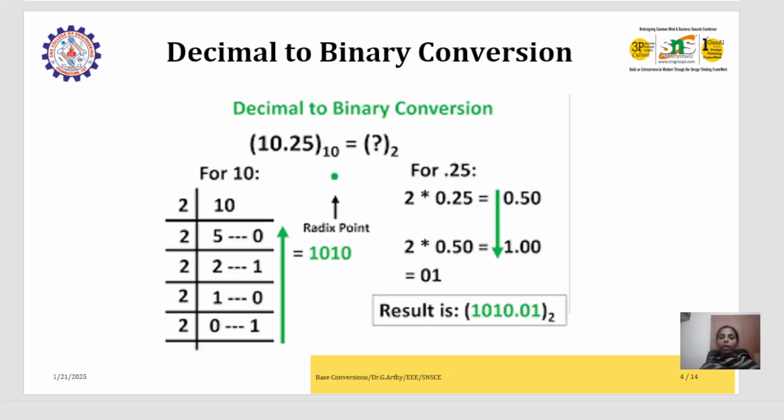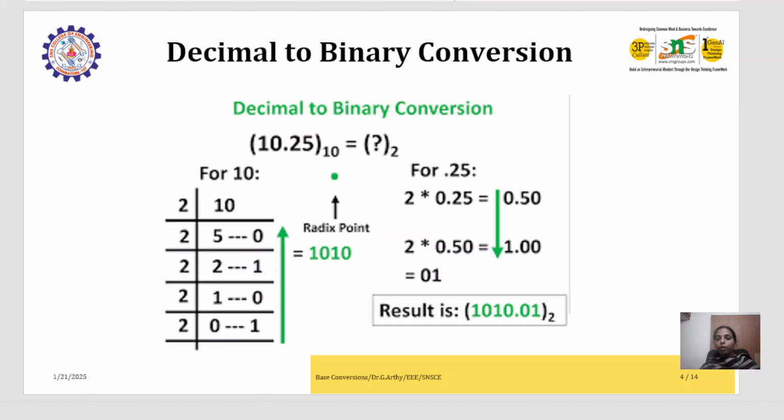And suppose I have a floating point decimal number, how will we convert? We consider the integer part, 10, and divide it as we did in the previous case, and we get the remainders. The remainders have to be written from bottom to top. Now consider the fractional part, 0.25, separately.